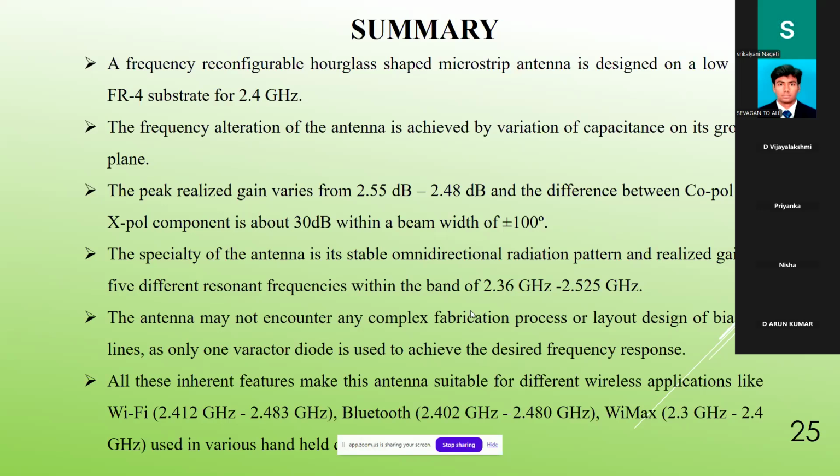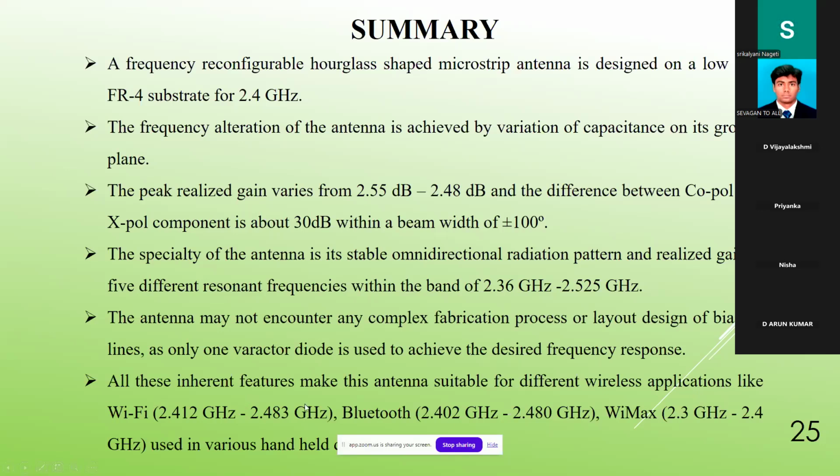And the different resonant frequencies, 2.36 gigahertz to 2.52 gigahertz, and we are getting an omnidirectional radiation pattern and realized gain at 5 different frequencies. So based on which frequency is required, it gives the different applications.